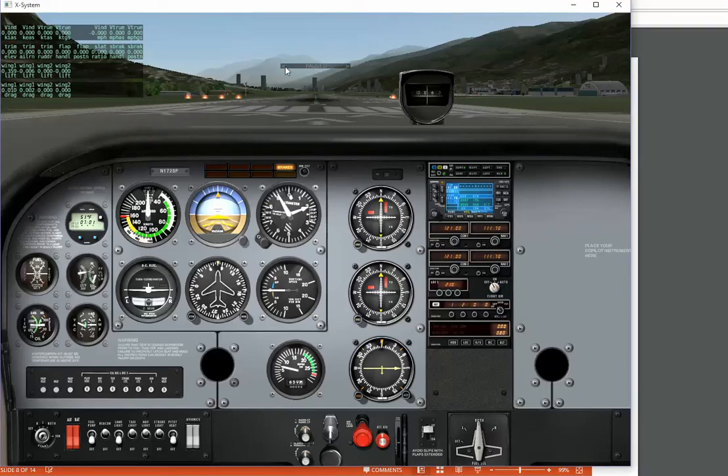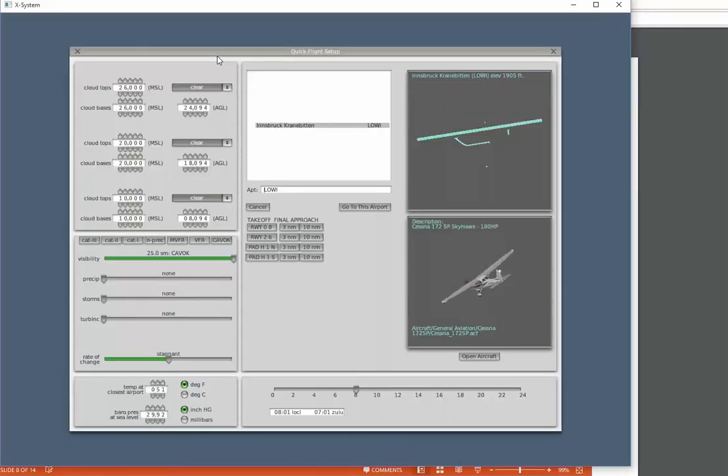So before I continue on, if you can go into X-Plane, if you got it working and life is good, I do want you to go into your quick flight setup. If you play with a Real Flight RC aircraft simulator, well, if you can get something similar going on with your game, that would be awesome.